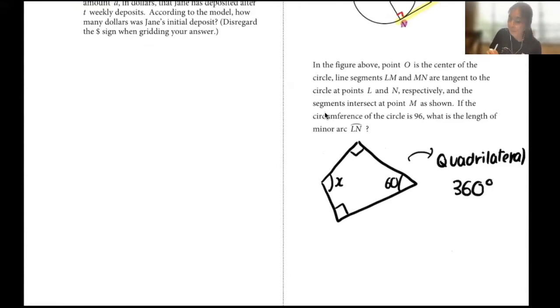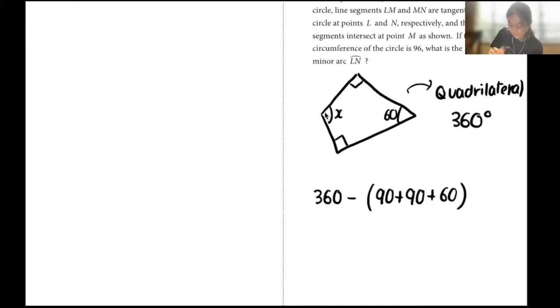So keeping that in mind, we subtract the other values we know from 360 degrees, and then we'll get x. So 360 degrees minus whatever. So there's 90, and also there's 60. And this, and this.